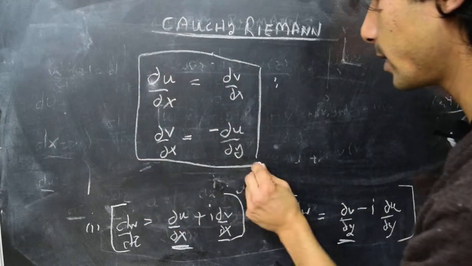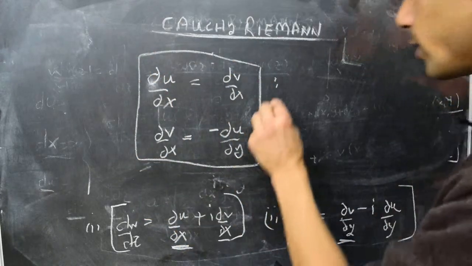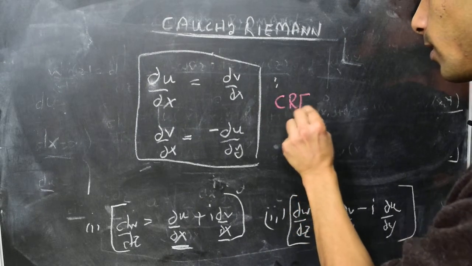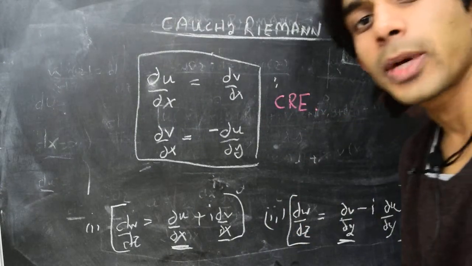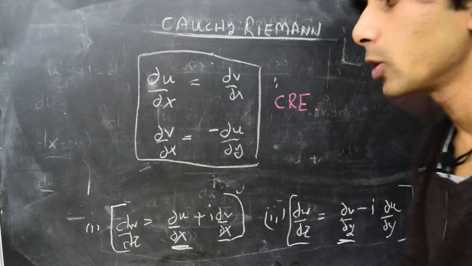And these are exactly the Cauchy Riemann conditions that we derived earlier, using another method in the previous video.